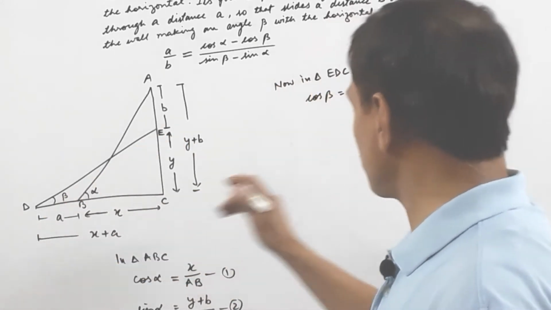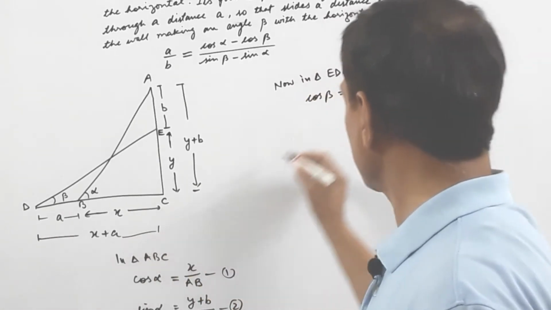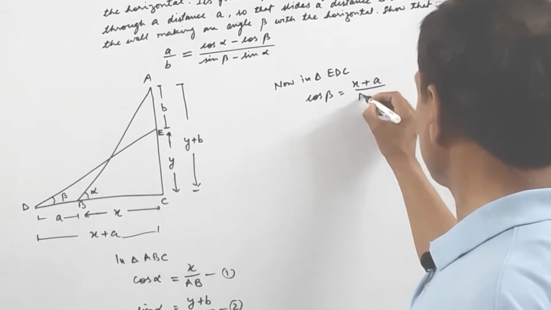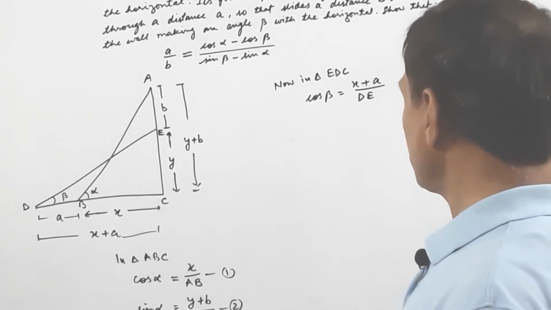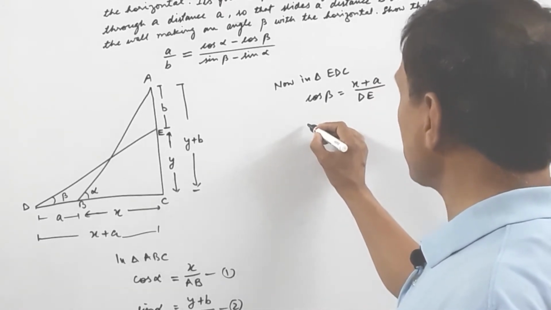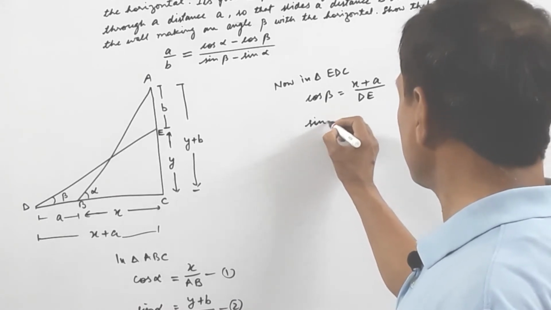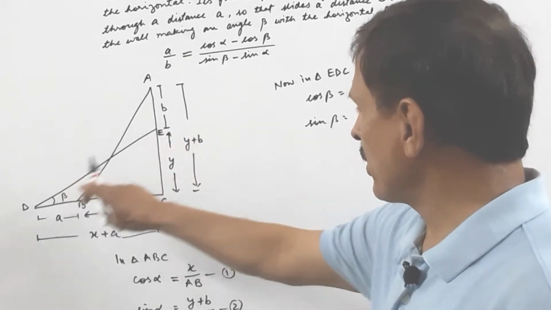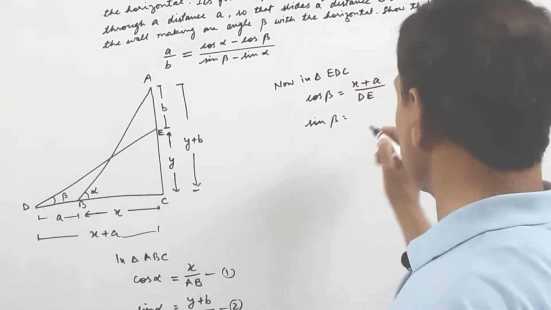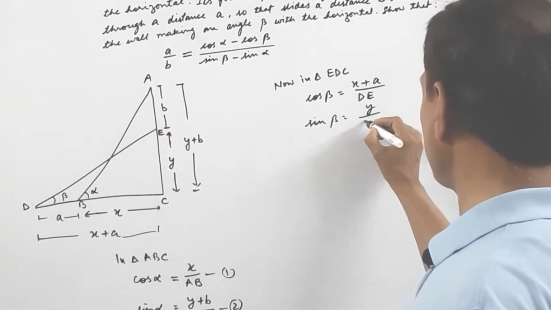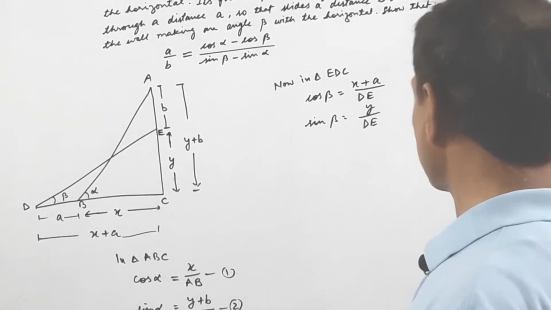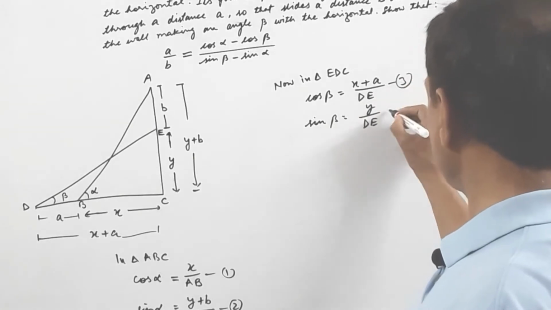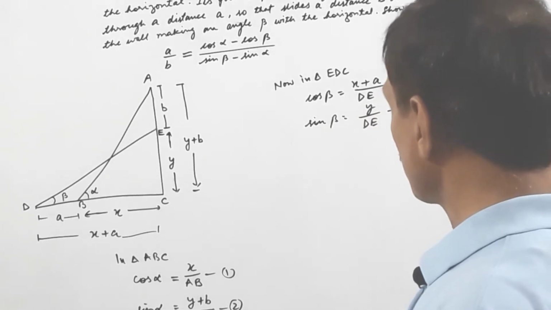So this is x plus a upon DE, and sin beta is equal to perpendicular upon hypotenuse, that is y upon DE. Let this be 3 and this is 4.